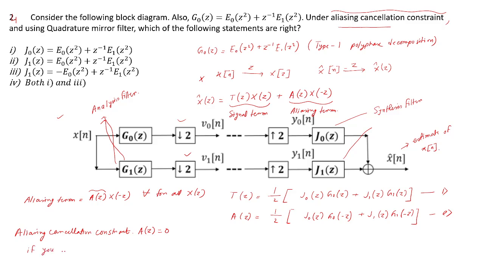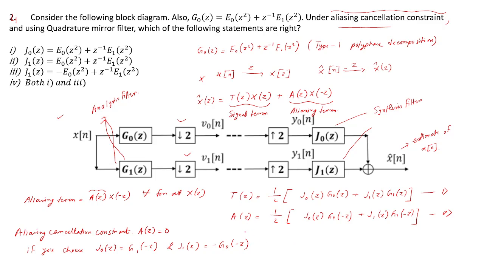If you choose J0(z) as G1(-z), so let me correct myself here, G0 of minus z, and J1(z) as minus, sorry, it should be G1 here, yep, and J1(z) as minus G0(-z).